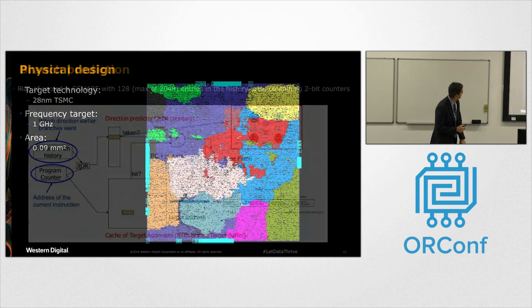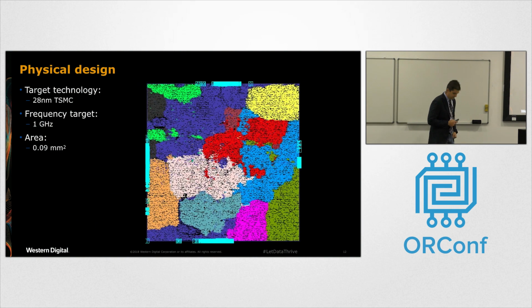In terms of the sizes and the physical design, our target technology in this case is 28 nanometer TSMC. The core can reach the frequency target of 1 gigahertz, actually currently more around 970 megahertz, but very close to a gigahertz.